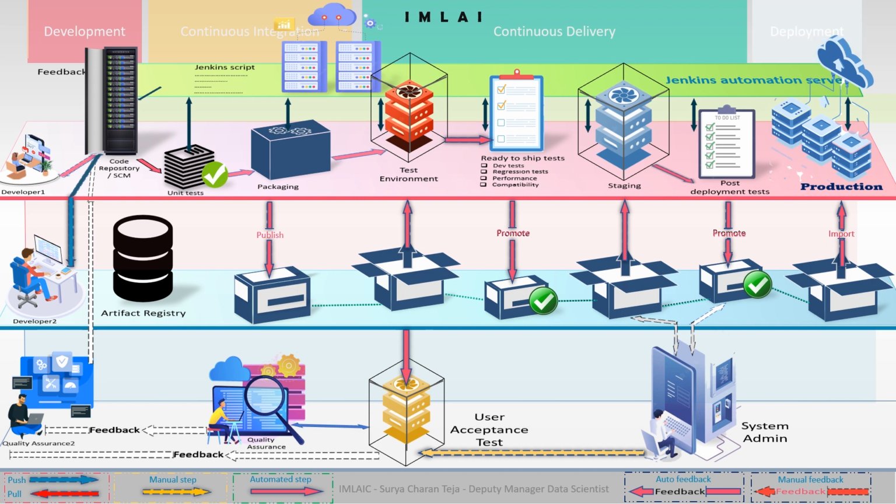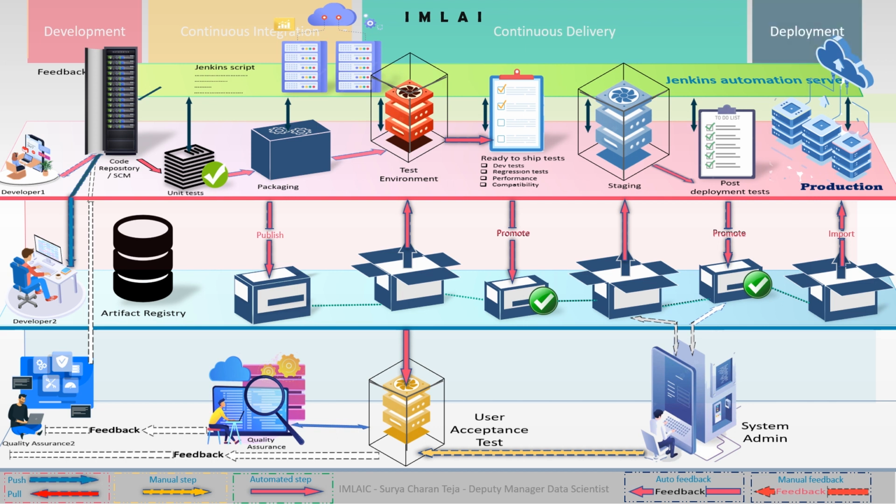And after that, once packaged and archived and published into the artifact registry, the next thing is that it is pulled by the testing environment, all the tests are done, and then it is promoted back to the artifact registry again. And if there are any issues, feedback is sent back to the developers using a tool like Slack. Then in the staging environment, testing all the things.